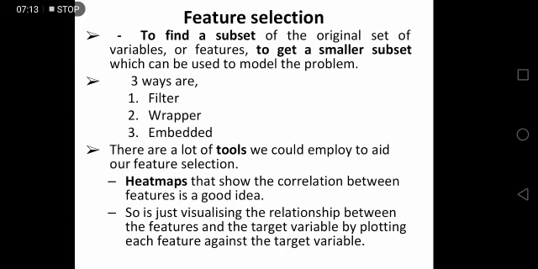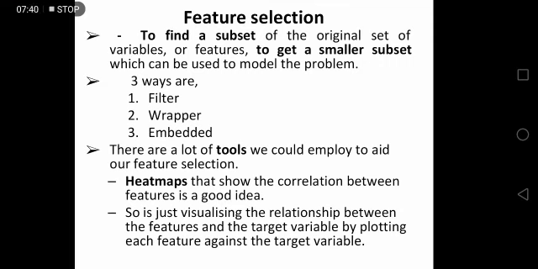It usually involves three ways: filter, wrapper and embedded. We can use any one of these three ways to apply feature selection. There are a lot of tools we could employ for feature selection. One of the examples is heat maps. Heat maps that show the correlation between features is a good idea.